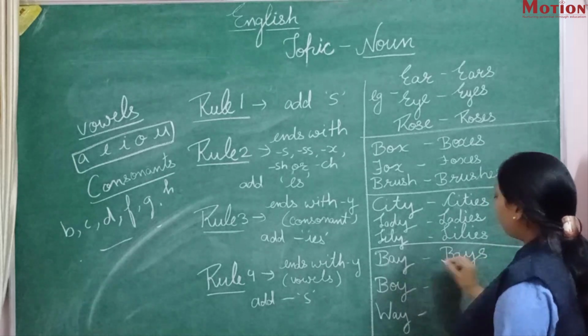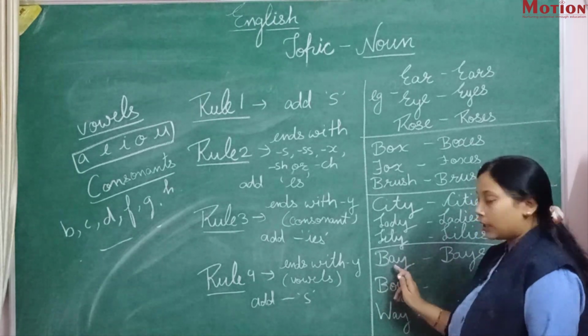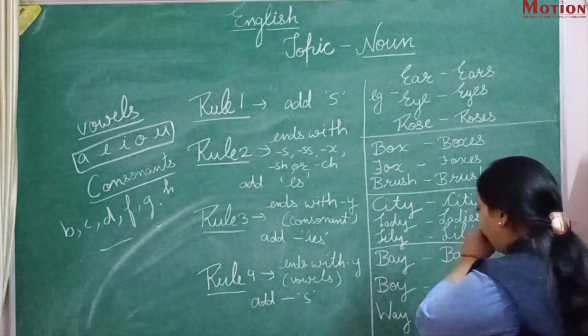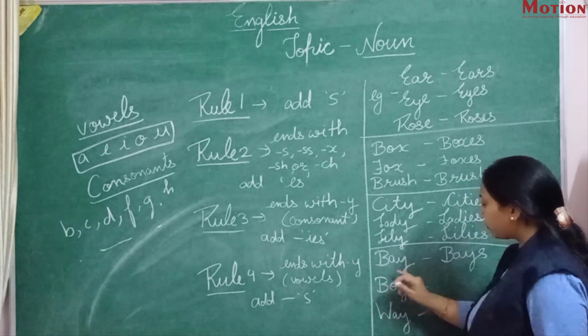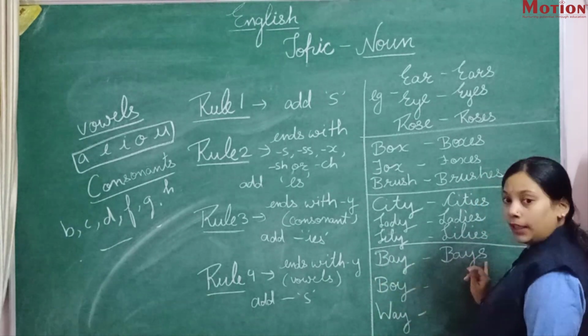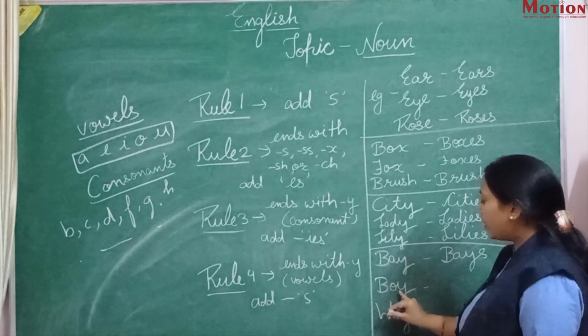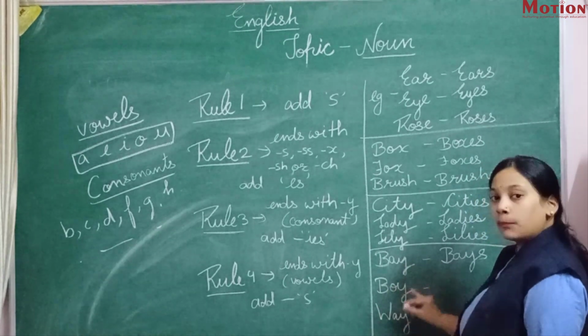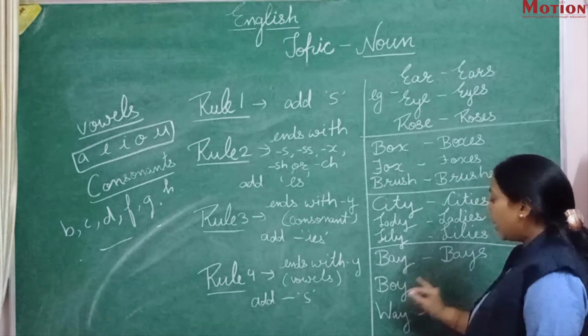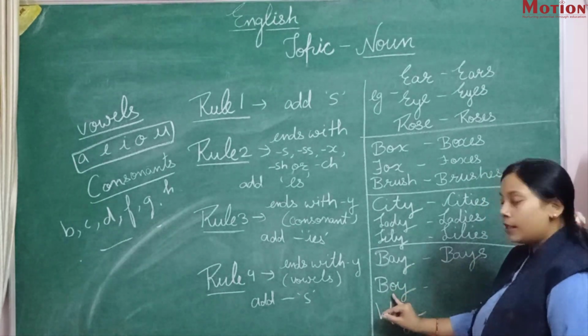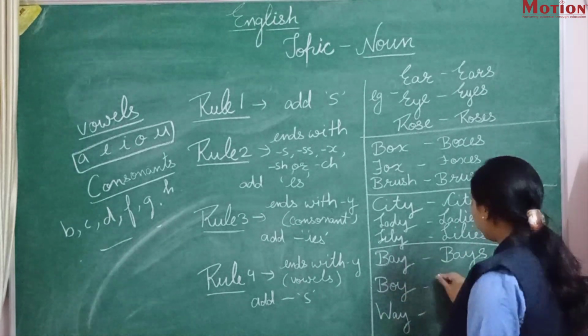Bay is ending with y, but before y there is a vowel, so we will use only s. Next is boy. Boy is ending with y, so for making it plural we use s because before y there is a vowel.